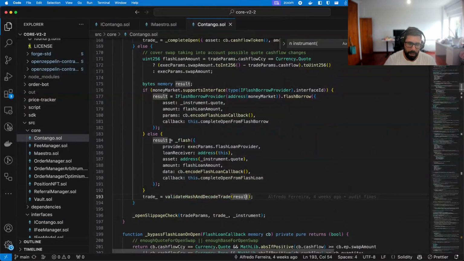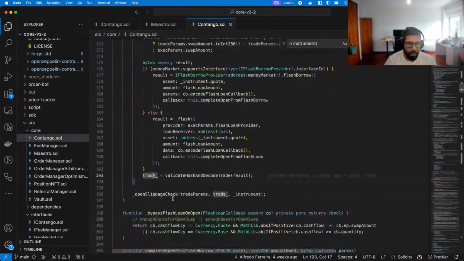So we validate that the result from the flash loan is not suspicious. So we hash it and stuff, and then we ABI decode it into a trade. So that means that we can have the full back and forth, and from the outside, it's just a standard function that you call and it returns something, and it's not broken by the fact that you have this callback in the middle.